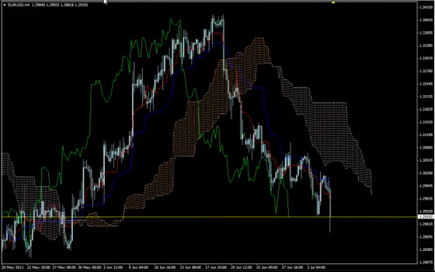So let's see how long this downward move is going to last. And I wish you make a lot of pips, and always remember that every information, every change, every news release has its impact on the candlesticks.